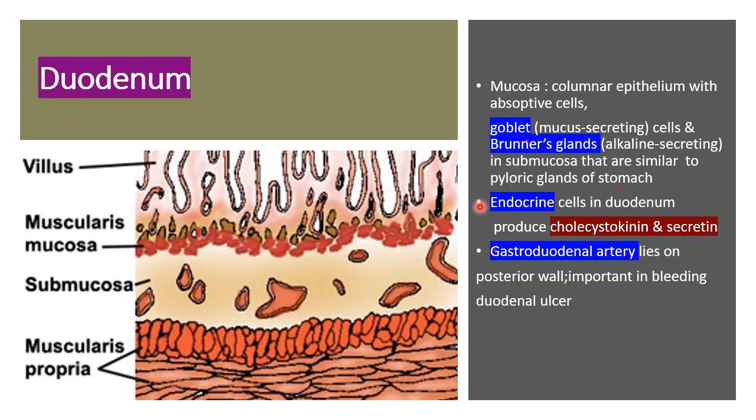They also have endocrine cells in the duodenum, which produce cholecystokinin, CCK, and secretin. Also, an important thing I told you just now: the gastroduodenal artery runs in the posterior wall of the first part of the duodenum, and that is an important vessel because posterior ulcers can complicate by eroding into this vessel and causing severe upper GI bleeding.